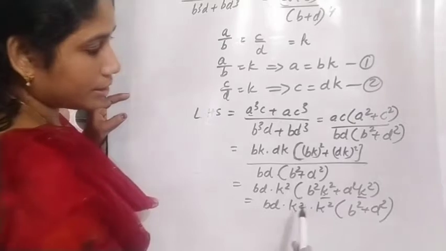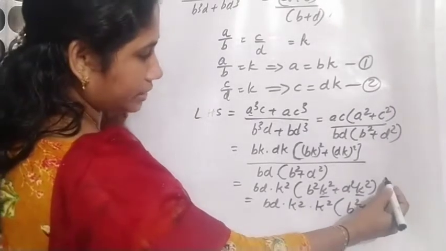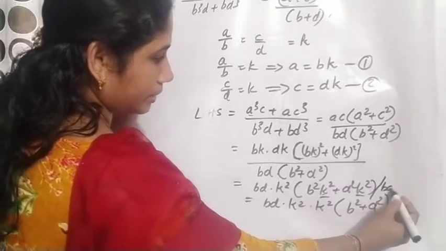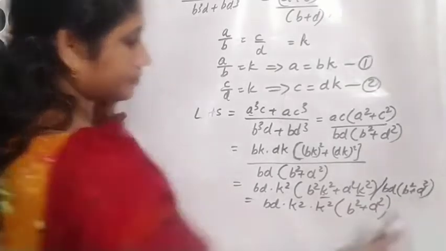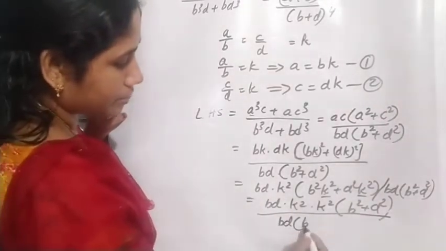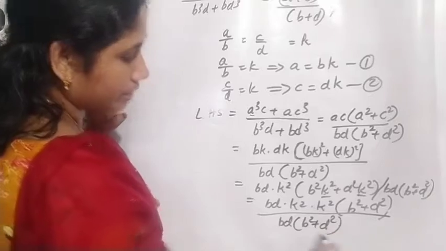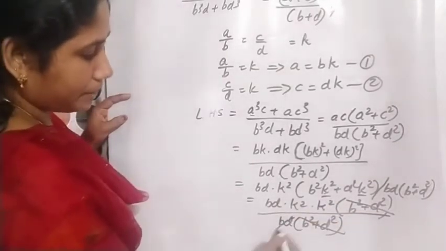So K square we took outside, and its denominator is BD into (B square plus D square), and here also BD into (B square plus D square). We can cancel out that group, and BD also.